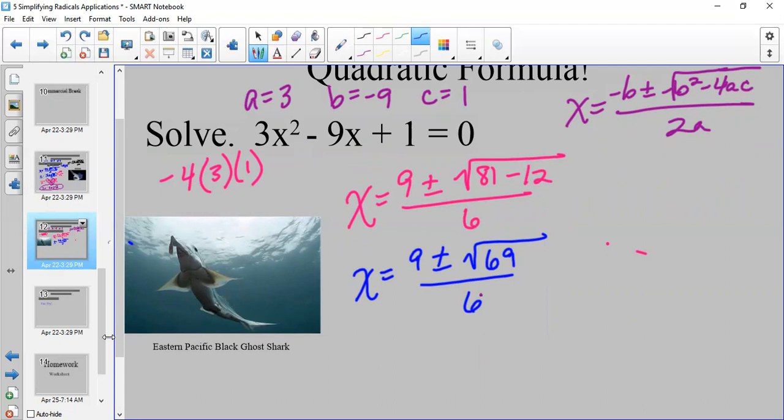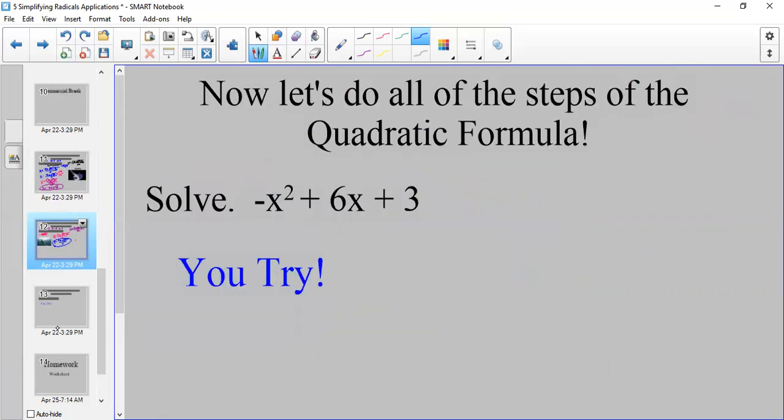It's not divisible by 9. It's not divisible by 16 or 25 or 36. So if it's not divisible by anything, that's your answer. All right, go ahead and pause here and see if you can get this last one.